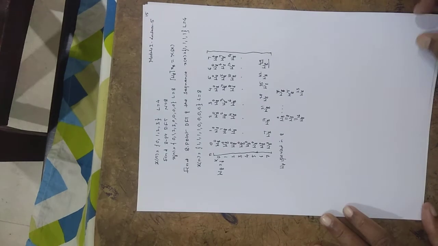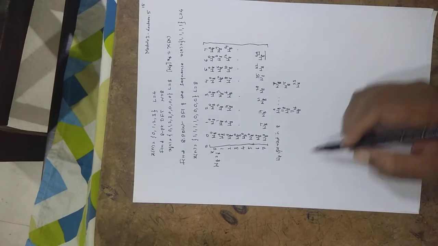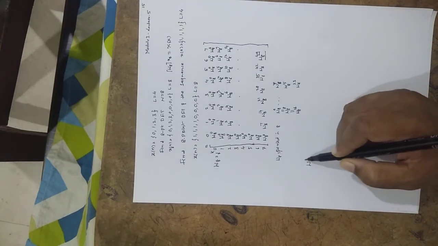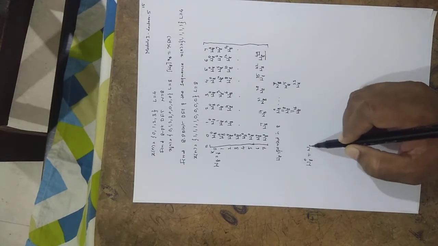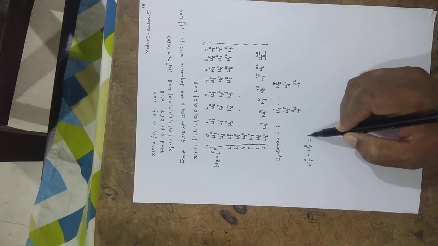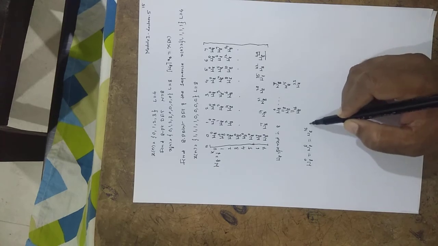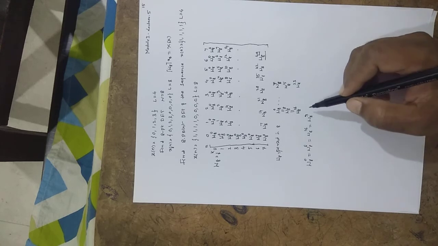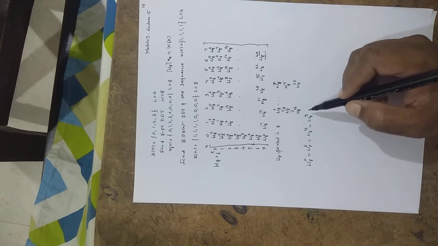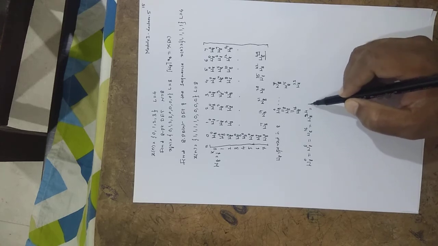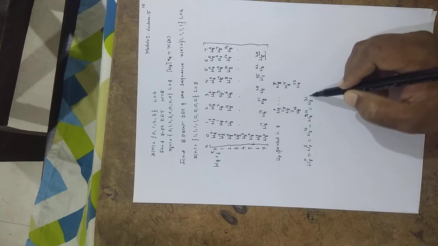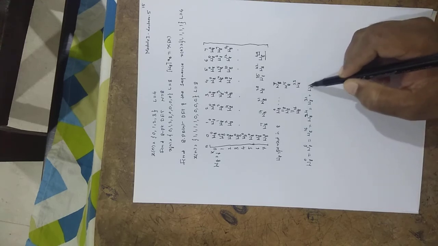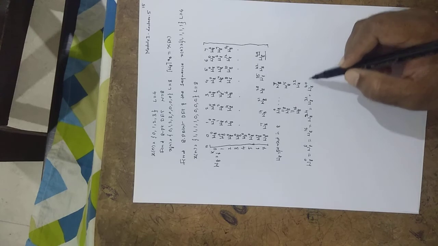If I try to find the values, then W8 raised to 0 equals W8 raised to 8 equals W8 raised to 16, 24, 32, W8 raised to 40.